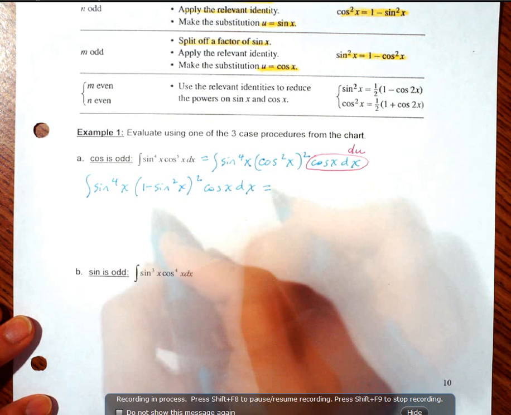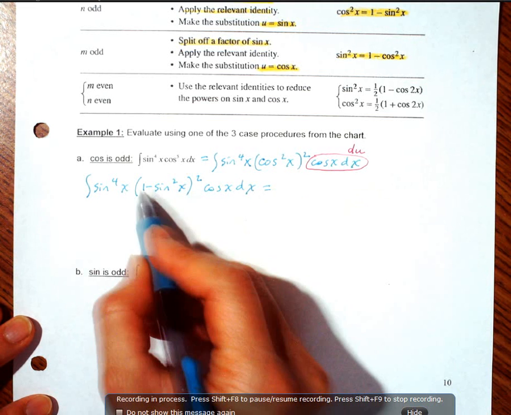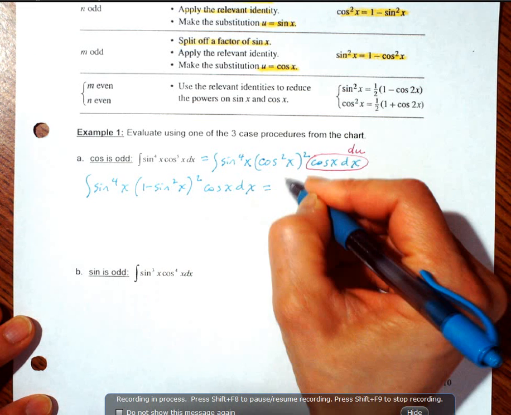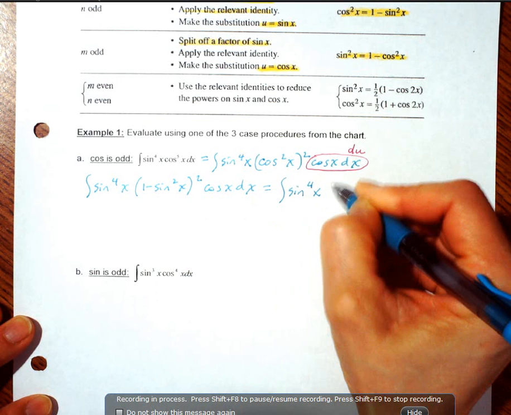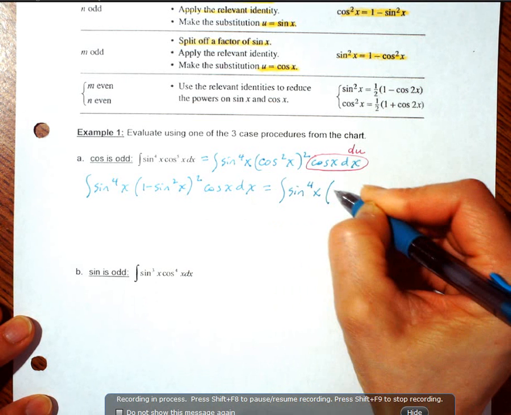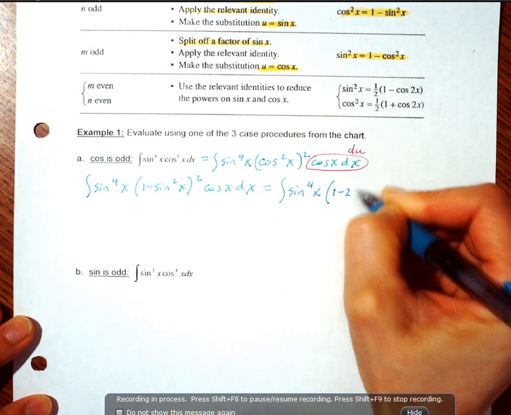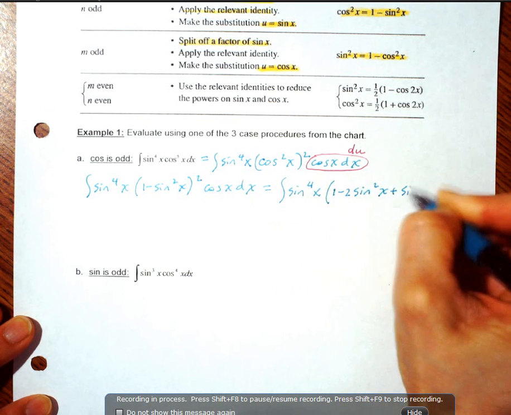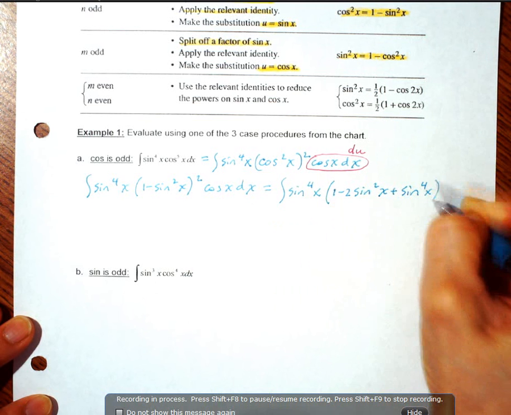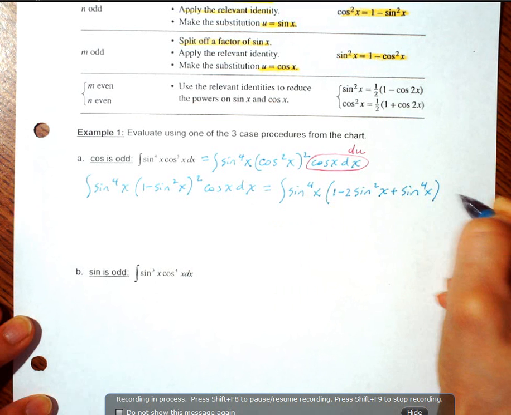I'm going to FOIL this out, 1 minus sine squared x, squared. So it's sine to the fourth x times 1 minus 2 sine squared x plus sine to the fourth x, times cosine of x dx.